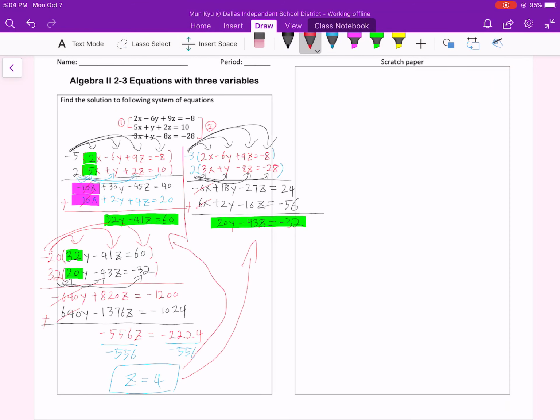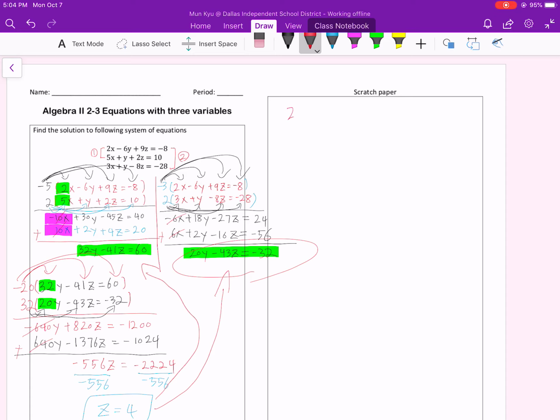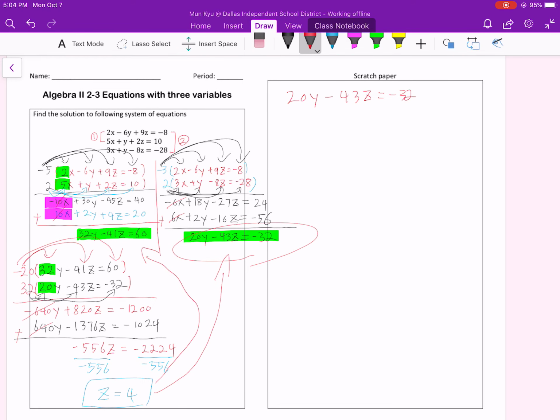And this time, let me choose the second one here, only because it's closer to me. So let me write it down here, scratch paper. 20y minus 43z equals negative 32.